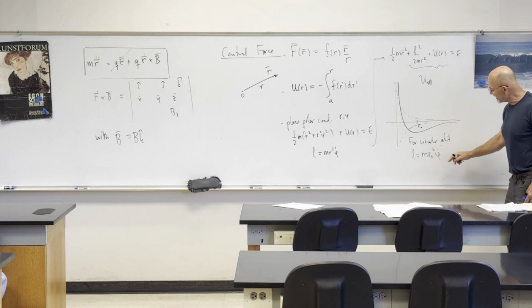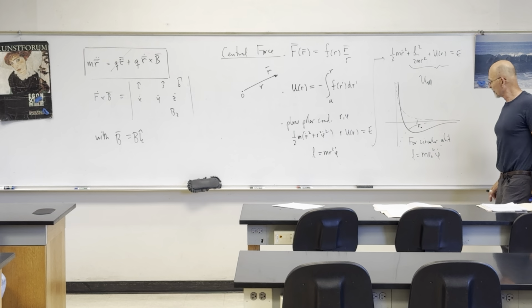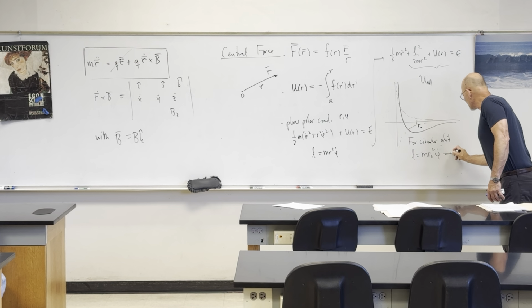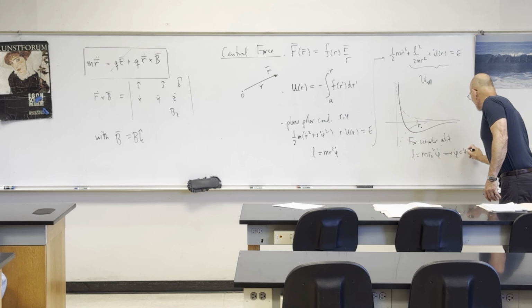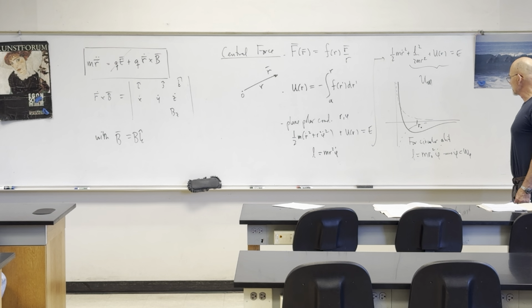And since everything is now constant here, phi dot is also constant. And so I call phi dot omega sub phi oftentimes. Okay. So yeah, we can move through there.